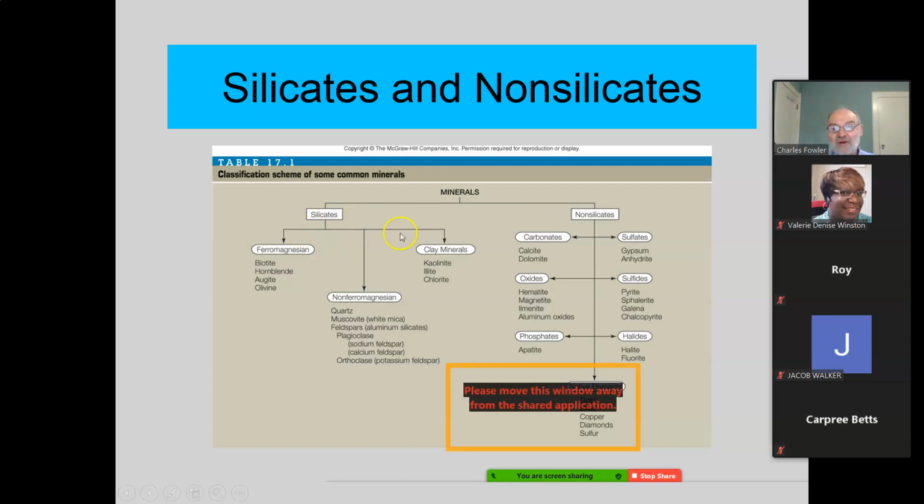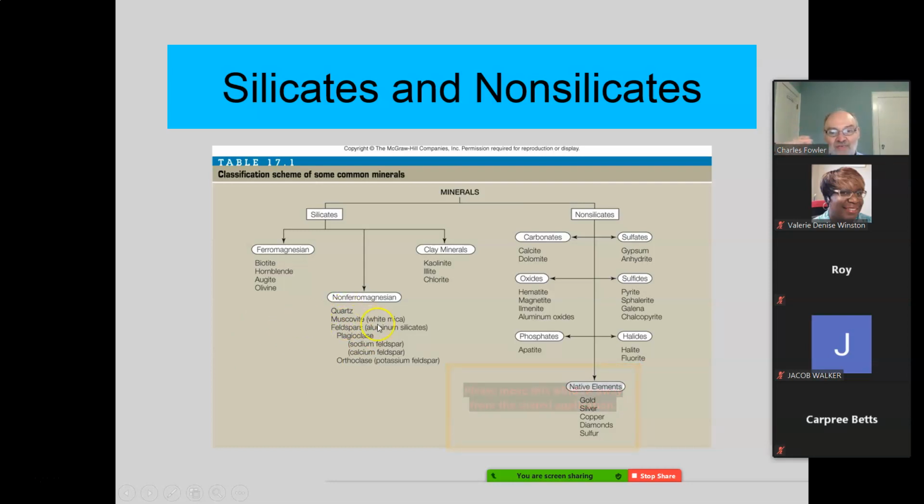Then your non-ferromagnesium silicates, these would be those without iron in them, but they're still silicates. Quartz is a classic example of that. It's almost pure silicon oxygen, silicon dioxide, silicon oxides.